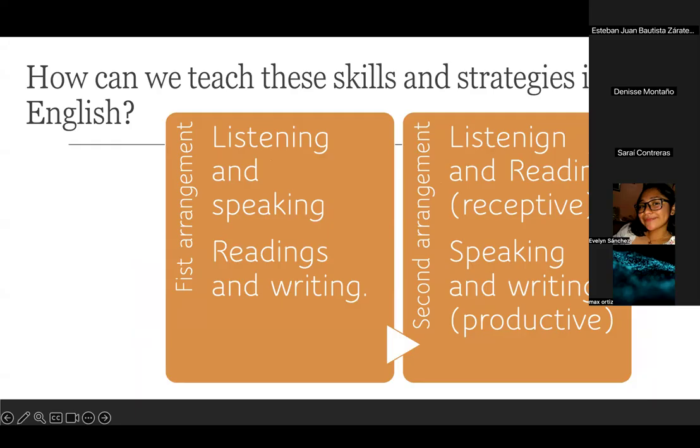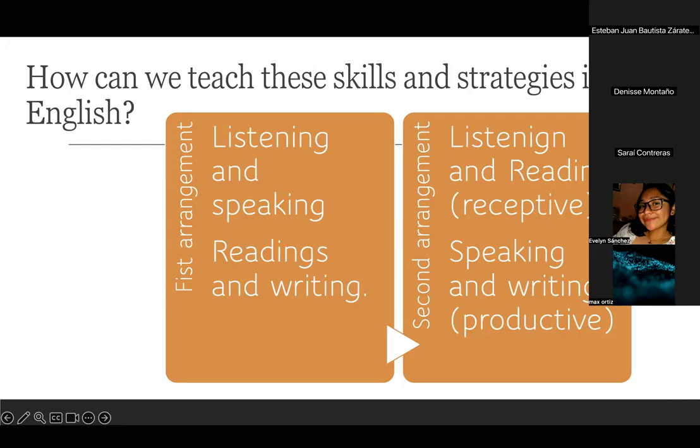That is not the way we are going to teach. Rather, we need to focus on how we are going to integrate teaching strategies and, at the same time, focus on students developing the skills.